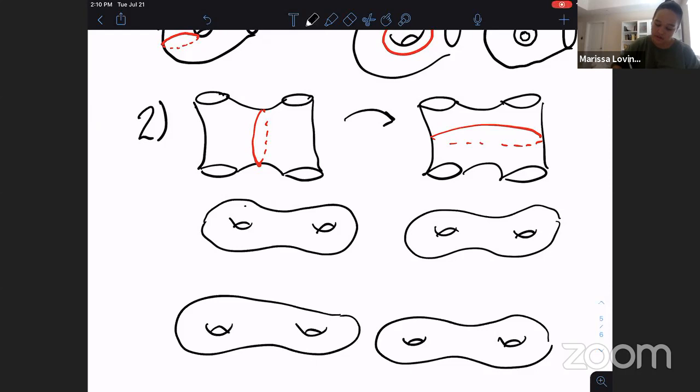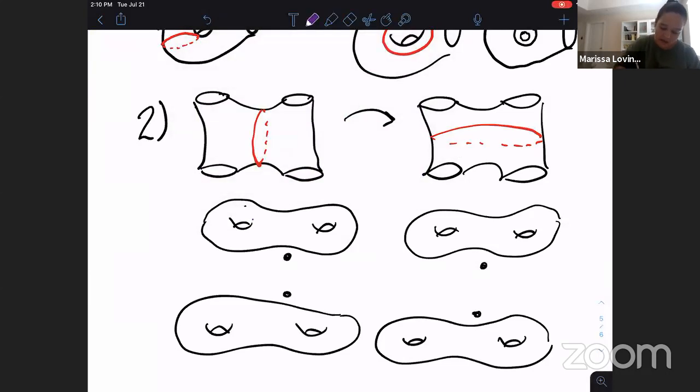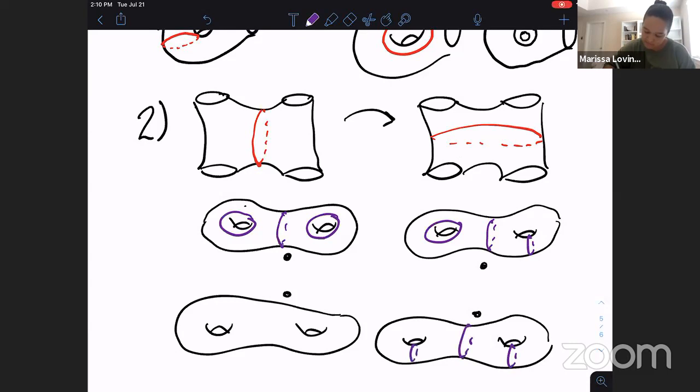These really should all just look the same. So each of these, once I put a pants decomposition on them, is going to correspond to one of our vertices. So here's a pants decomposition here. Here's a pants decomposition here. Here's a pants decomposition. And then here.